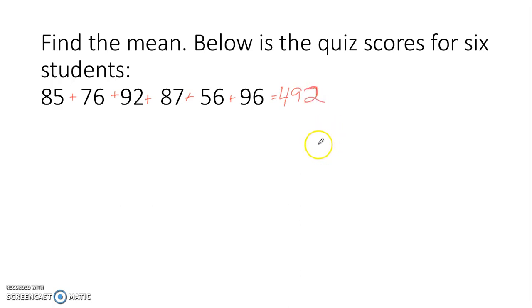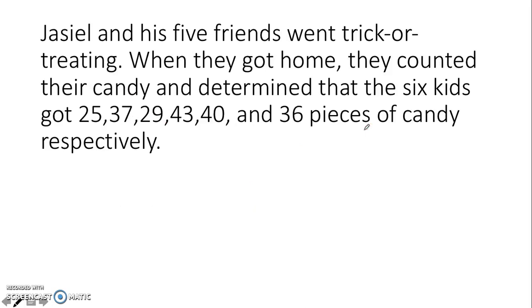When you add them all together, you should have gotten 492, and then you're going to divide by the number of data points. So 1, 2, 3, 4, 5, 6. So 492 divided by 6 is equal to 82. So the mean quiz score is 82.